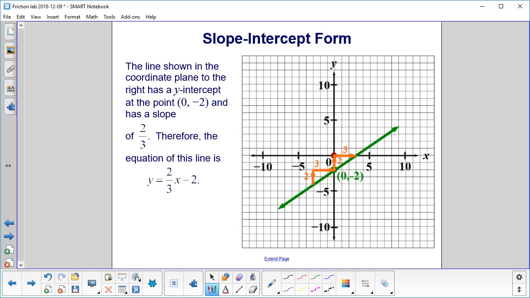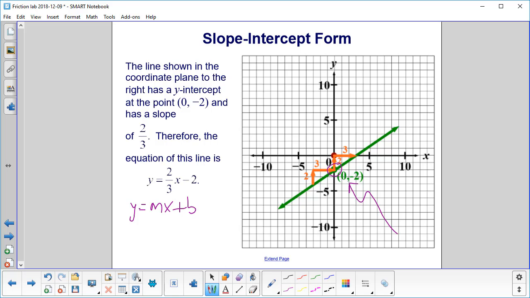The line shown in the coordinate plane to the right has a y-intercept at the point (0, minus 2), right there on the y-axis, and it has a slope of 2/3. Therefore, the equation of the line is y equals mx plus b.